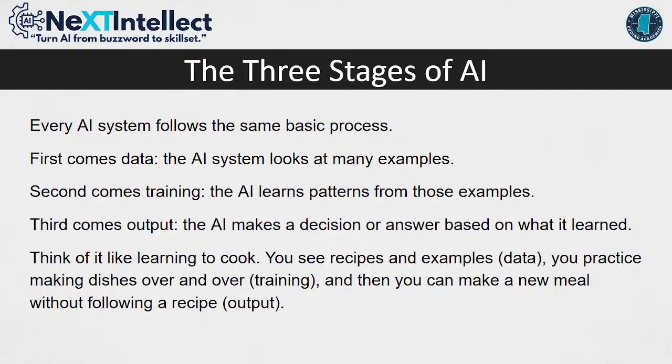And then the output: the AI makes a decision, or maybe a prediction or an answer, based on what it learned. Think of how you learn to cook, if you do, or how others learn. You would see recipes, you might have cookbooks in the family or have bought one, or online recipes. And all those are your examples of, let's say, Southern food.